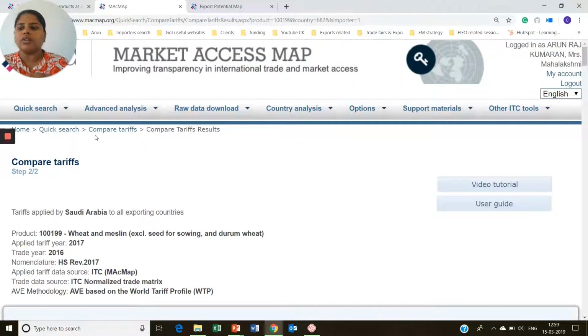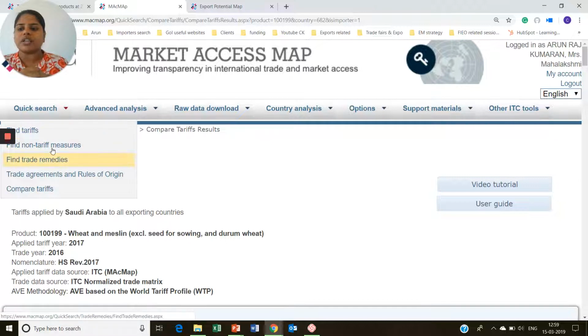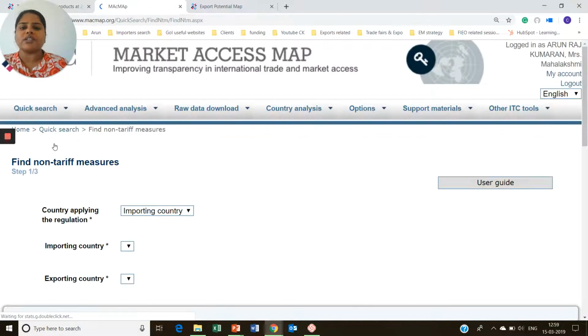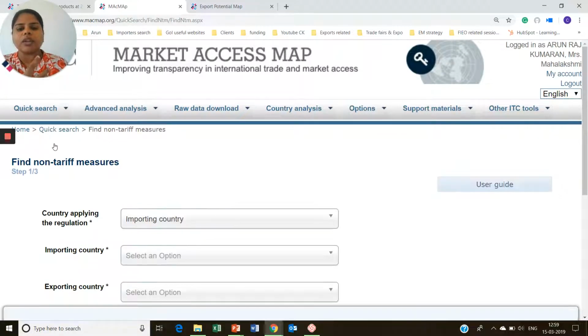Next is the non-tariff measures. That is technical details. That includes labeling, packaging, health certificate, phytosanitary certificates. A phytosanitary certificate is for edible or consumption products, because of the growth of the particular product, aflatoxin, the bacteria content, which will all have an effect on your buyer's country.